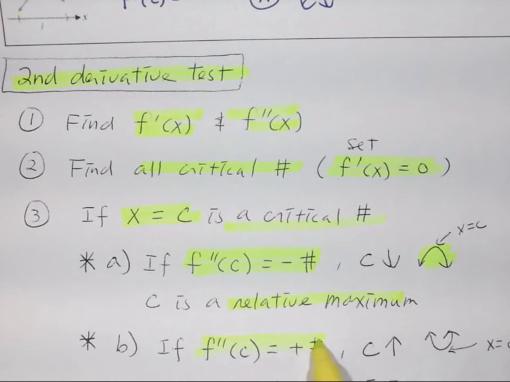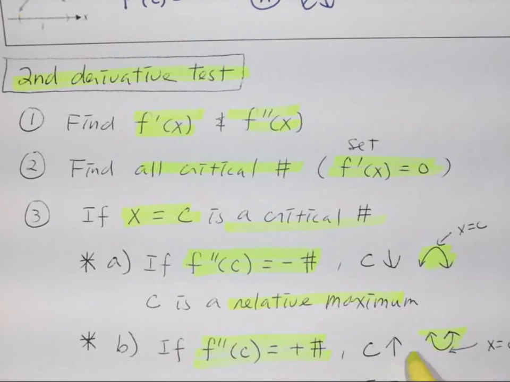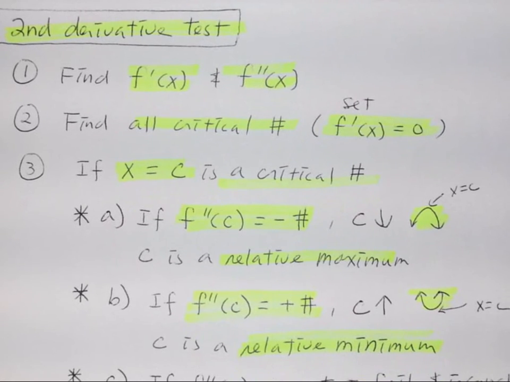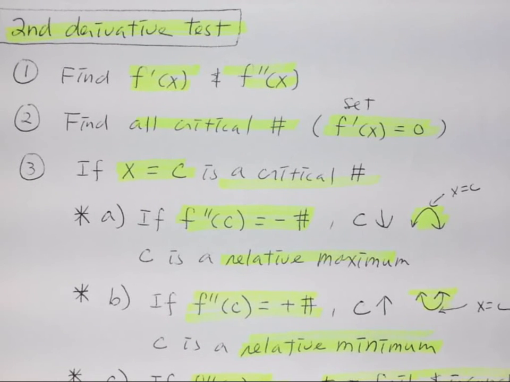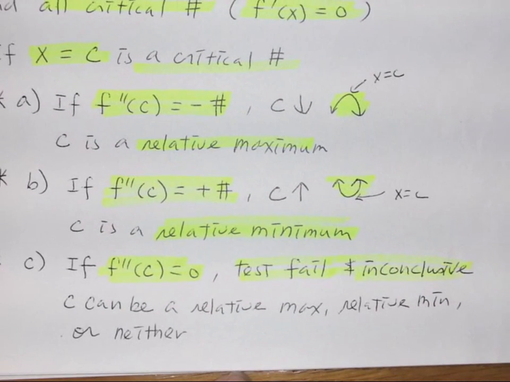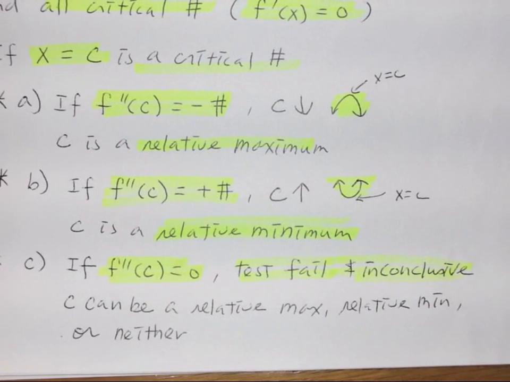If you plug into the second derivative and get a positive, which means concave up, then that's your relative minimum or absolute minimum. But if the second derivative is equal to 0, then this test fails and is inconclusive. It could be a relative or absolute max, a relative or absolute min, or neither. So this is an overview of what we're going to do in 12.5 part 2.